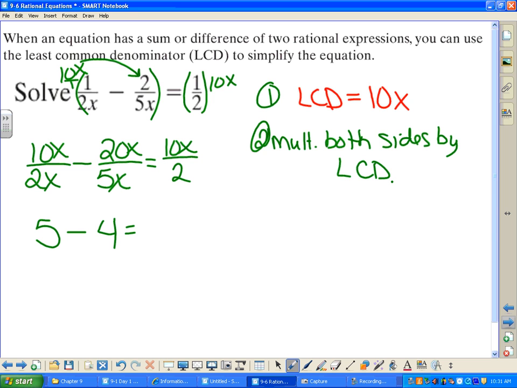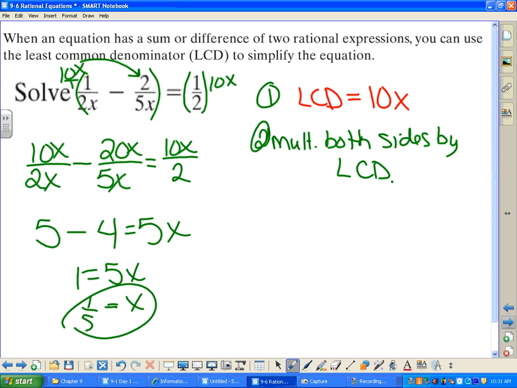The next one reduces to... Now tell me about that equation. Yeah, it is, isn't it? So if you can get rid of all those fractions when it simplifies, then it should become a relatively easy equation to solve. So x is 1/5, and there's your answer. Okay?